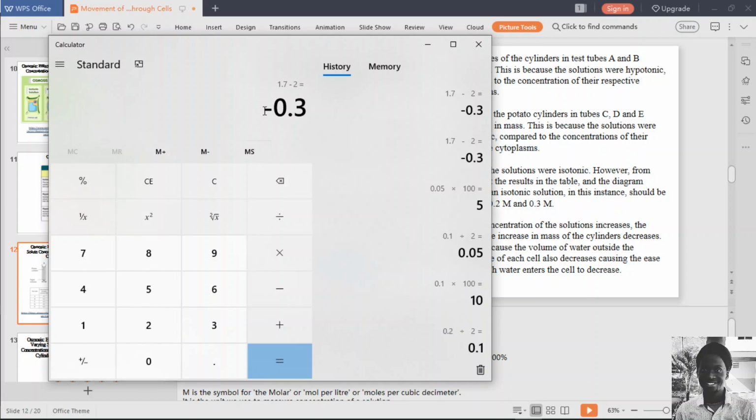Okay, and if you take that negative 0.3 and divide it by, let me just clear that, 1.7 subtract 2.0 is negative 0.3 divided by 2.0, which is the initial, you get negative 0.15, and then when you multiply that by 100, you get negative 15%.